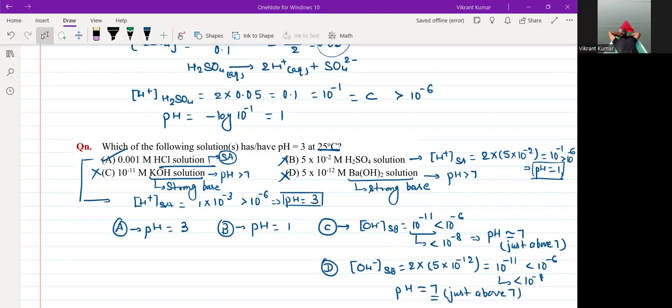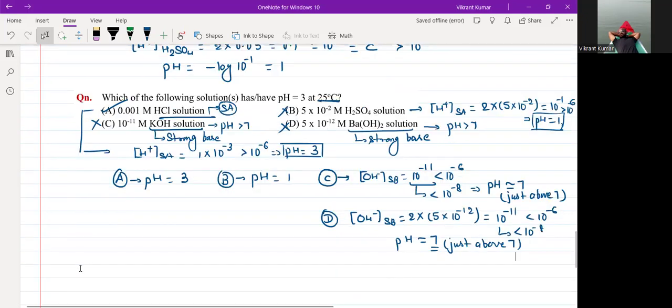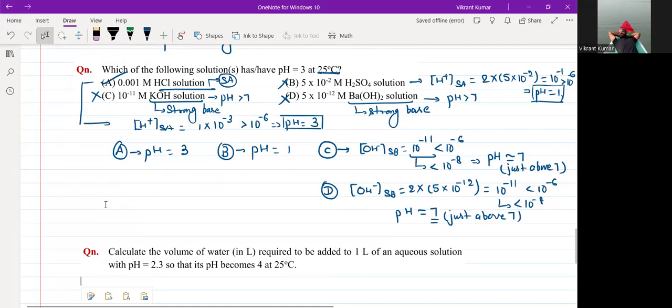So let's go to next question. This one, solve this one. And if you have any doubt in the previous one, just ask me.